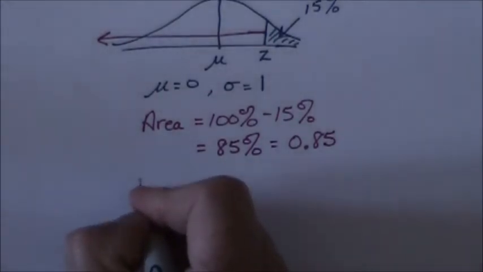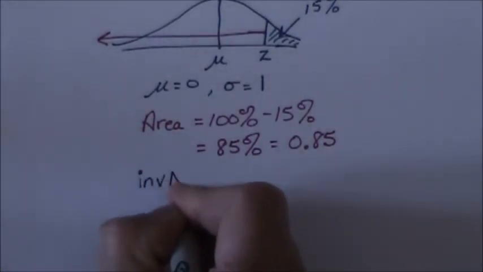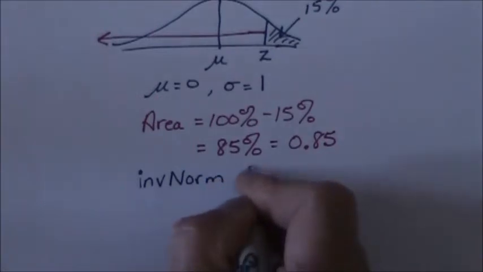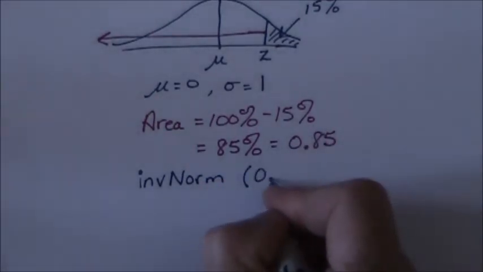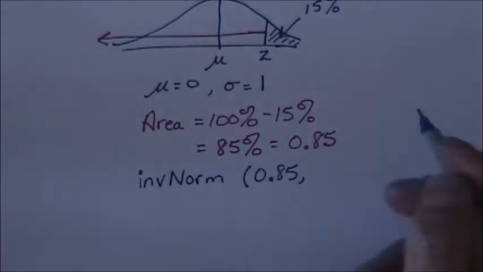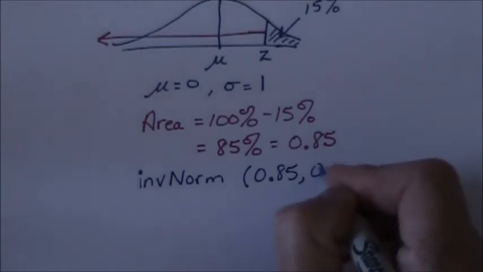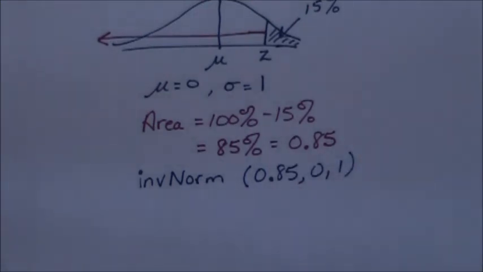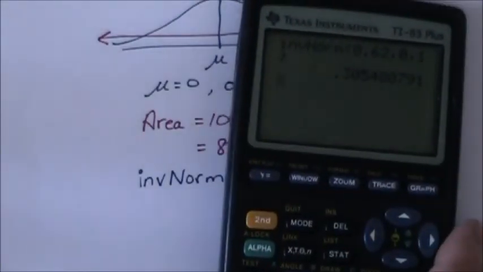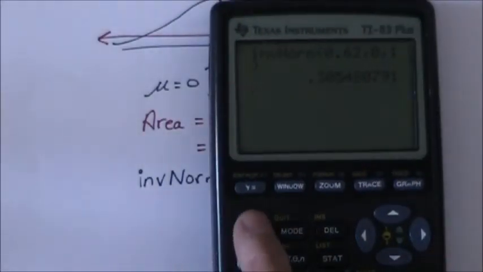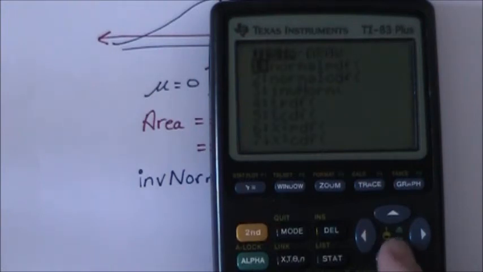So at this point now, inverse norm, our area to the left was 0.85. The mean was 0, and the standard deviation was 1. Now we've got our work done, we can go to our calculator. So as we look at our calculator, to get that inverse norm with second vars button, down to number 3, hit enter.